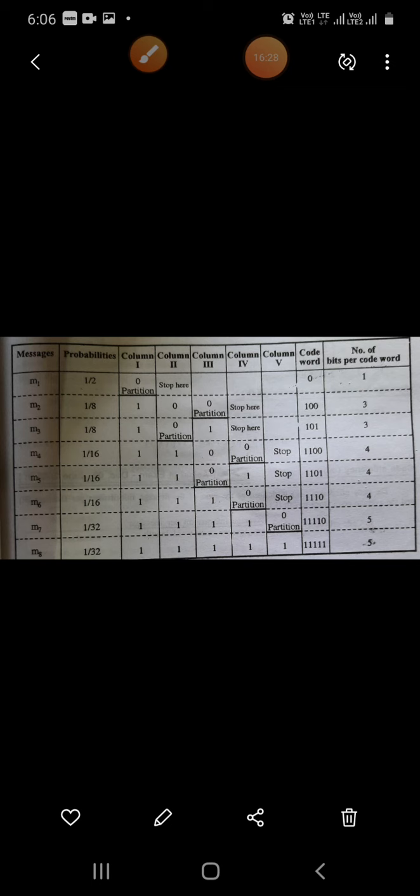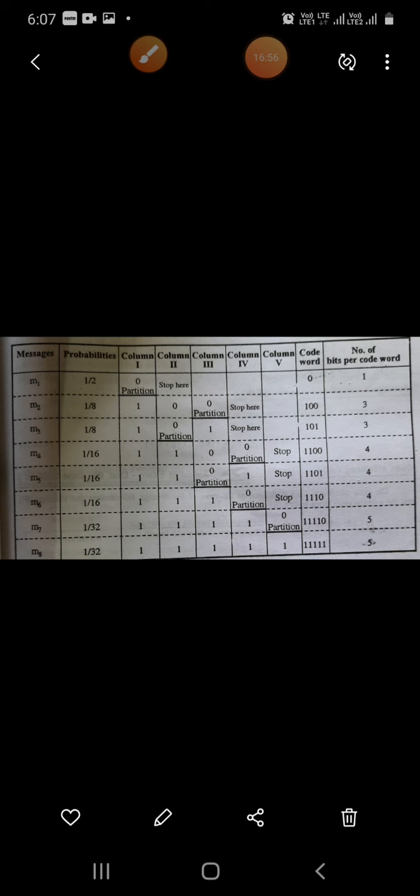Then the code words for each message: for M1 the code word is 0, for M2 that is 100. As per column 1, column 2 and column 3, at column 4 the M2 message is stopped there, so the code word is 100.